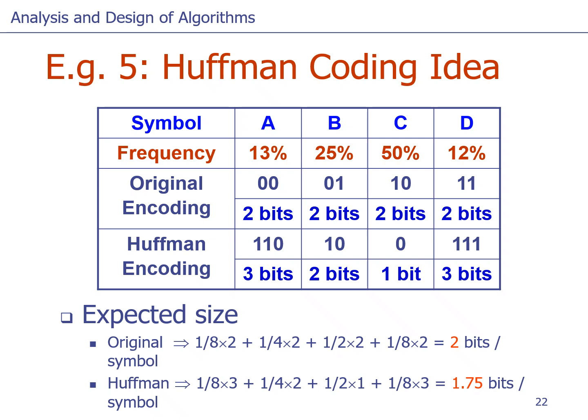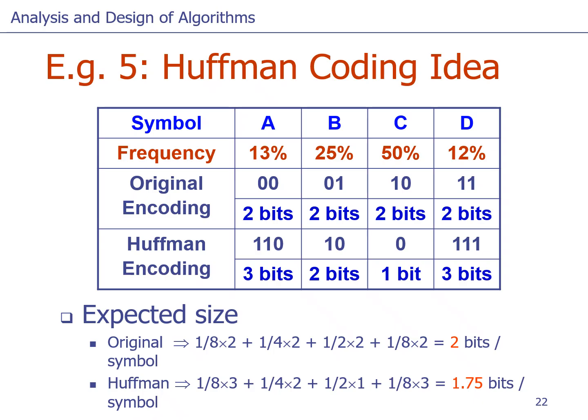Now, what we're going to do next, and this is the essence of being greedy here, we are going to allocate a small number of bits for the letters that appear more, and a larger number of bits for the letters that appear less.